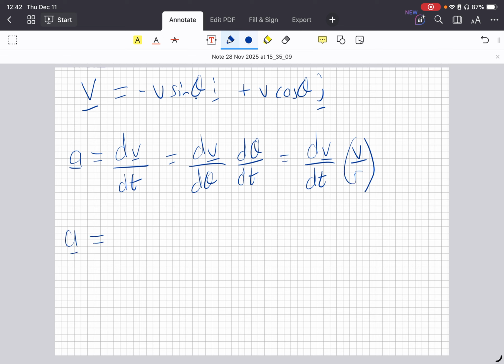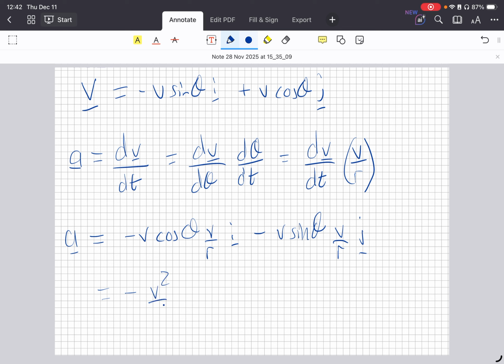When I differentiate this with respect to theta, I'm going to get minus v cosine theta, and then I'm going to have my v over r, and that's in the i direction. And for this one, when I differentiate cosine theta with respect to theta, I get minus sine theta, so I get v sine theta, again multiplied by d theta by dt, which is v over r, and that's acting in the j direction.